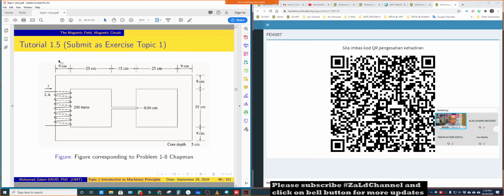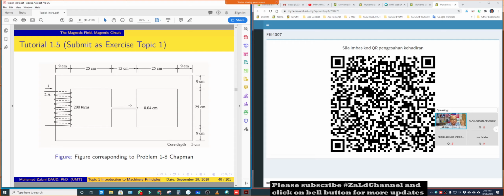About this tutorial, actually I have given another hint for you to find the mean path of this core, because I didn't show it during my last session. So I have shared with you how to calculate the mean path of this core, so that you can use that calculation of the mean path to calculate the reluctances of each leg of this core, right?